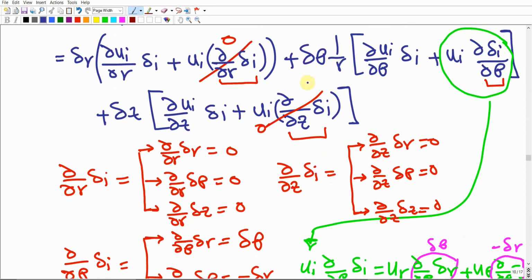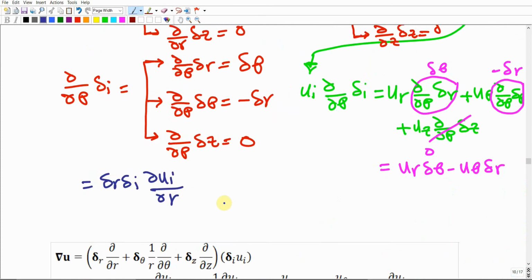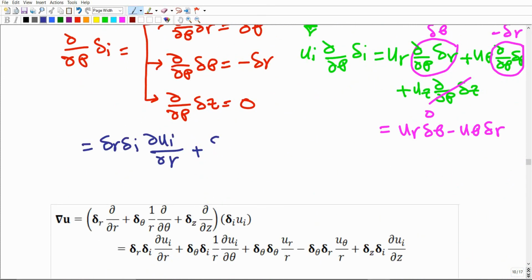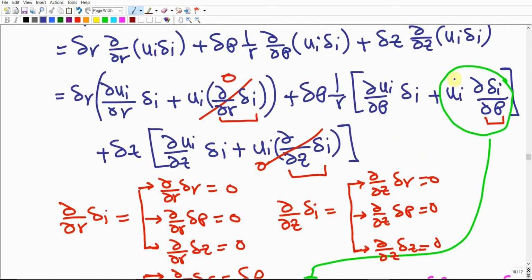How about this one? This is gonna give us delta_theta, 1 over r times this term. So it's gonna be delta_theta delta_i, 1 over r, the derivative of u_i with respect to theta. This gives us the first term plus the second term.